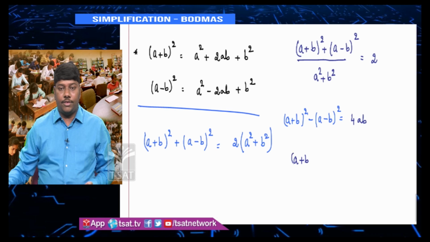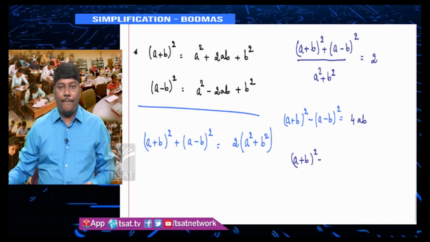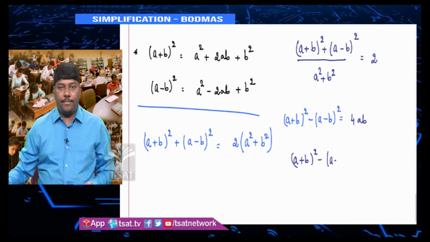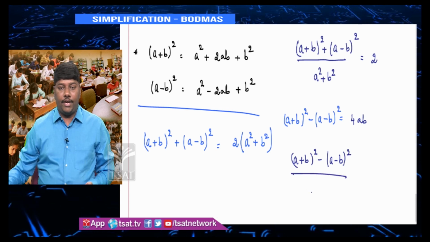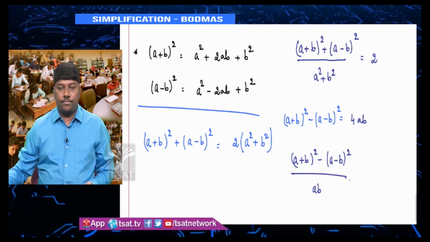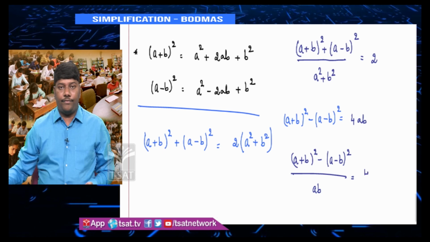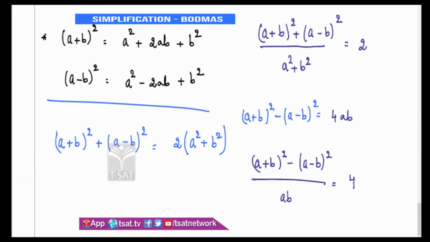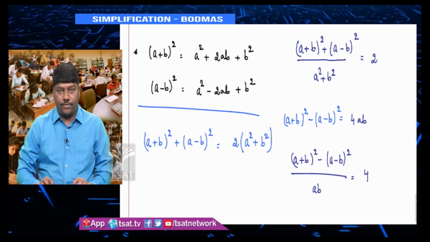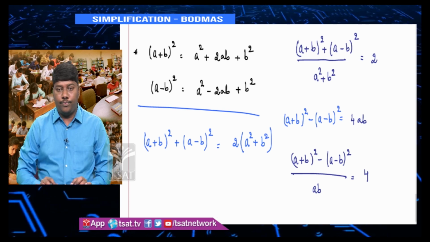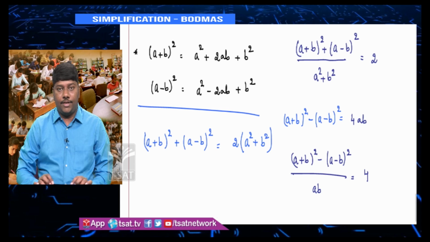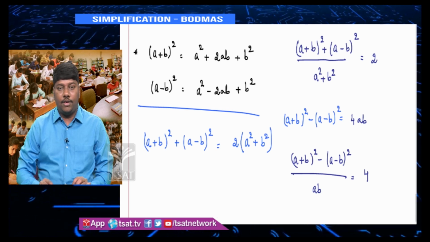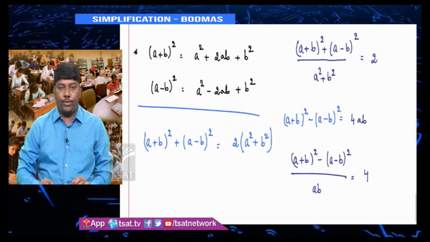A plus b whole square minus a minus b whole square divided by ab is equal to 4. So, when it is a plus b whole square plus a minus b whole square divided by a square plus b square, it becomes 2. When it is a plus b whole square minus a minus b whole square, that is actually 4ab. If you divide it by ab, your answer is going to be 4.